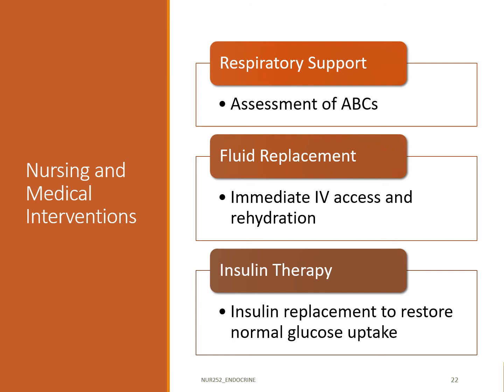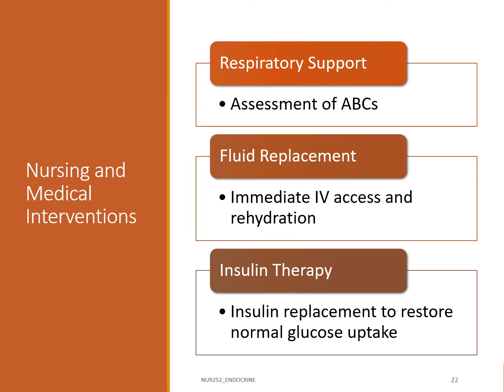NG tubes are considered to reduce the risk of vomiting and subsequent aspiration. Immediate rehydration must be accomplished. Monitoring for signs and symptoms of hypovolemic shock is a priority. Vital signs and neuro signs must be assessed and recorded frequently. Hemodynamic parameters may be indicated for more unstable patients.